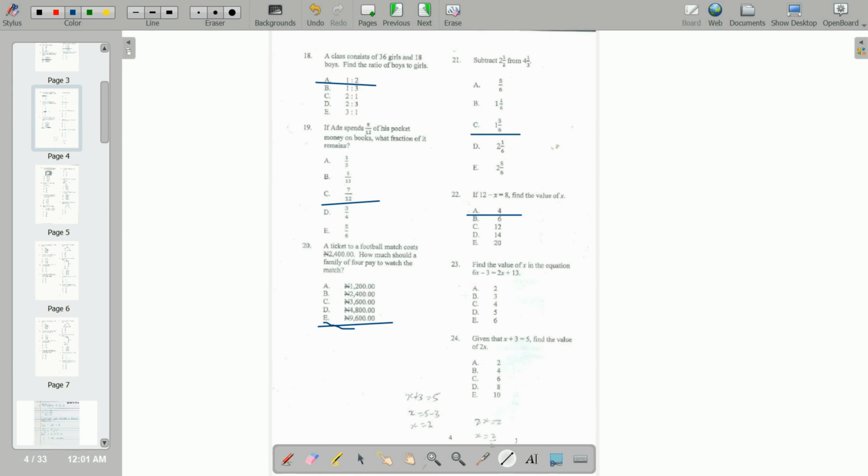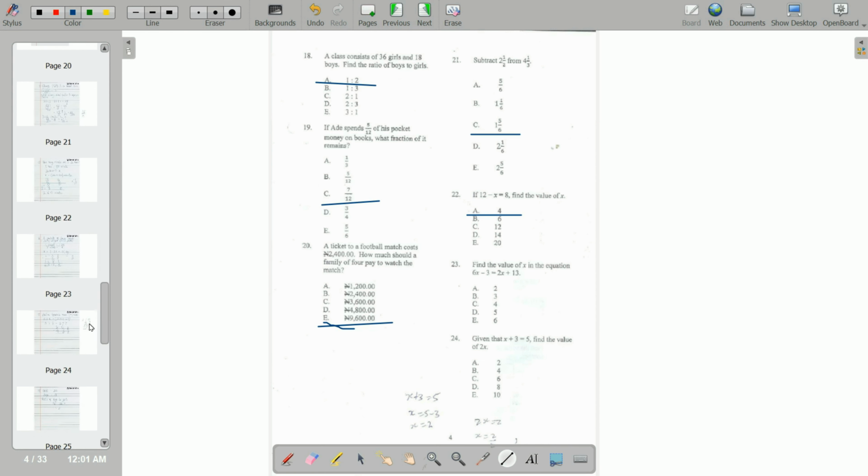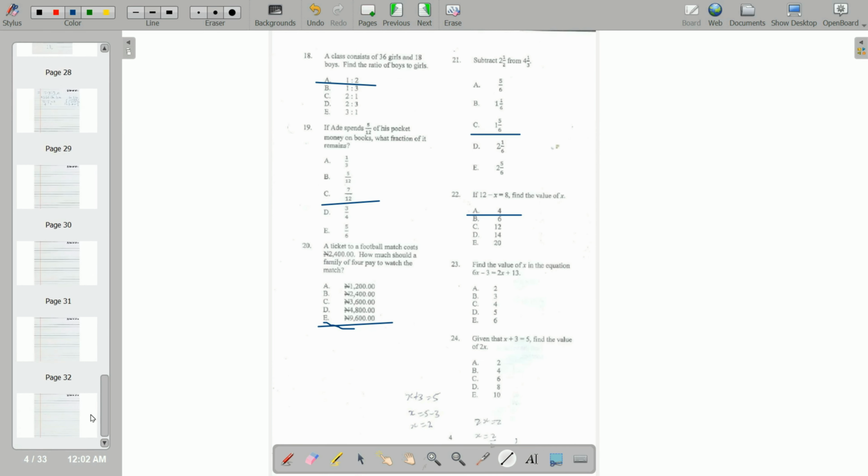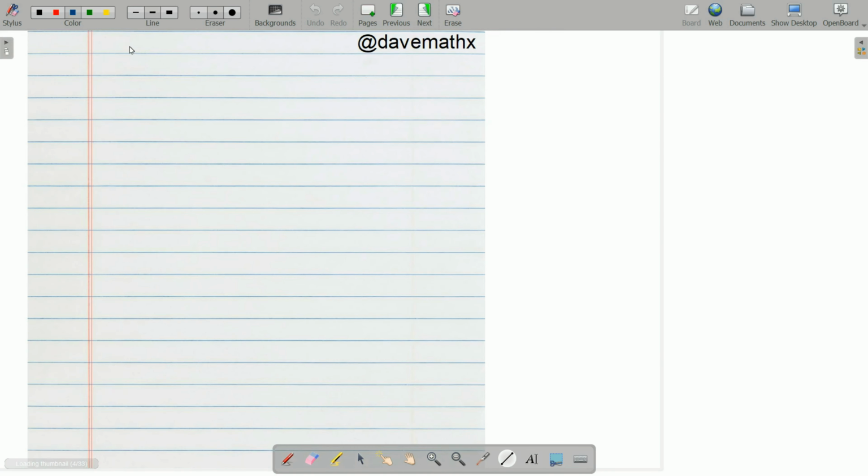Next is question 23. 6x minus 3 equals 2x plus 13.